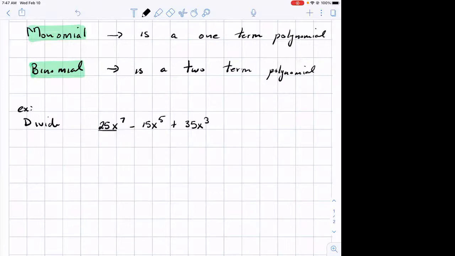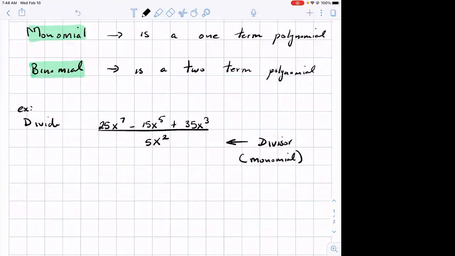And we'd like to divide this by 5x squared. So here your divisor, which is 5x squared, is a monomial.